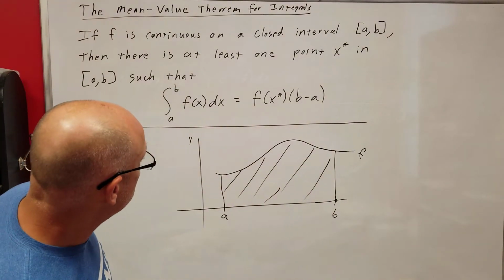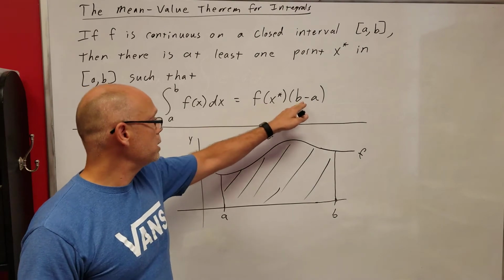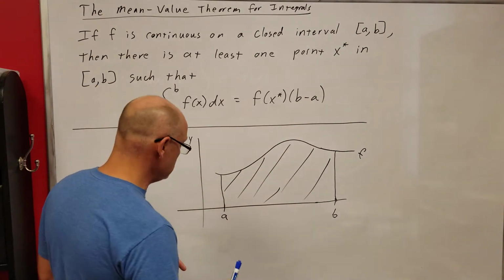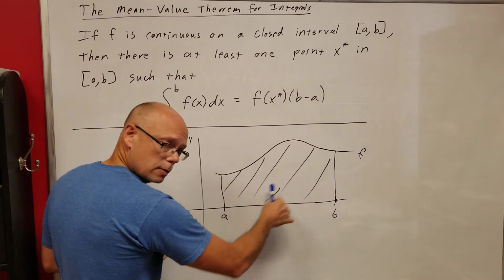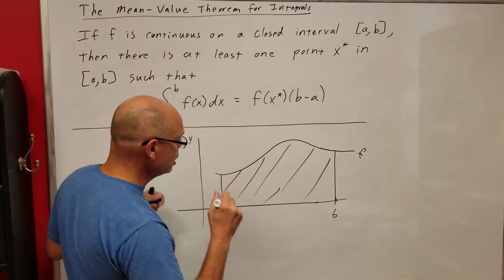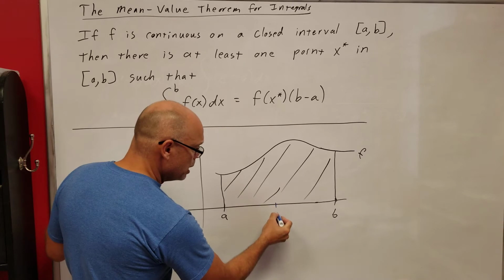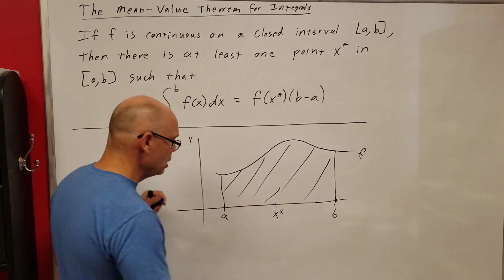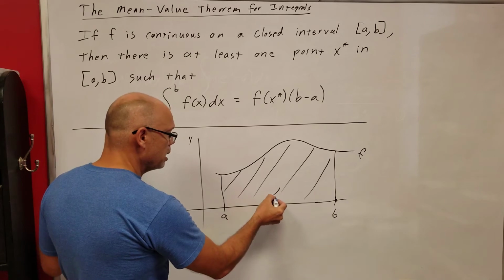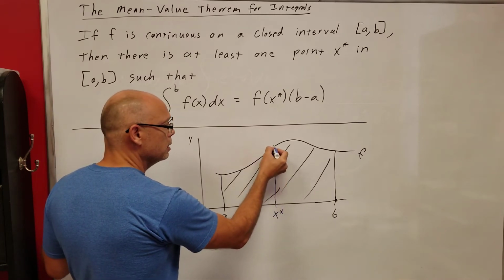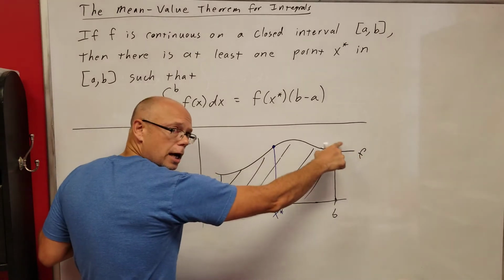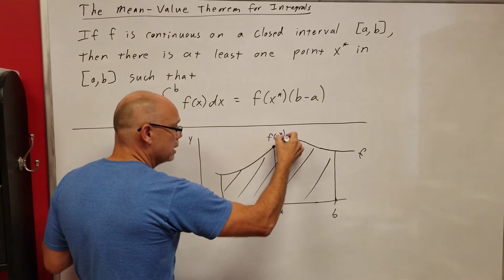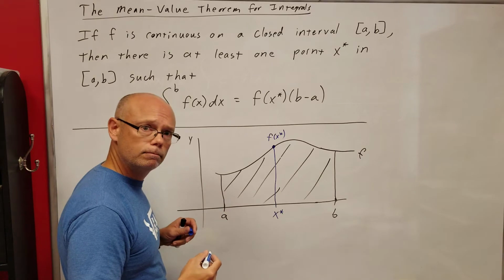Now, what does this right side mean right here? f of x star times b minus a. What that means is there's a point, x star, somewhere between a and b, and maybe that point's about right here. I could call that x star, okay? And if I go up to my curve right here, that's my function f evaluated at x star right there, okay?